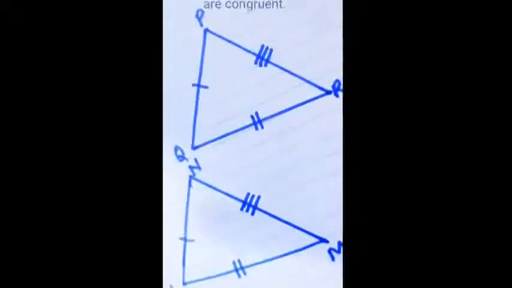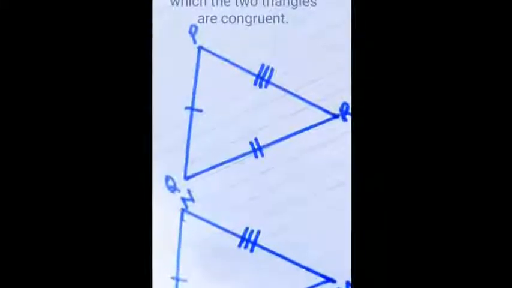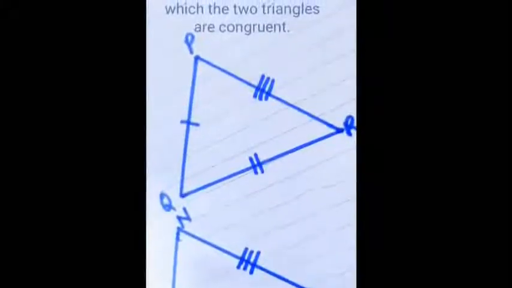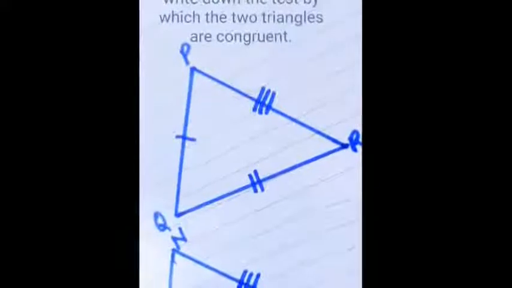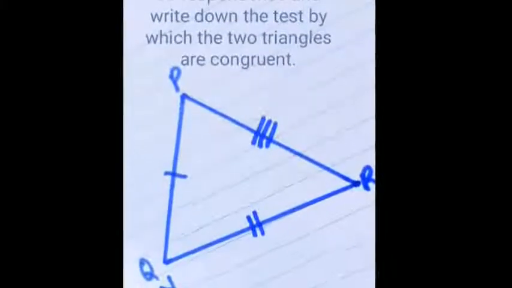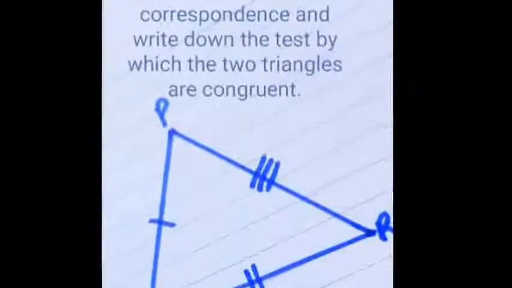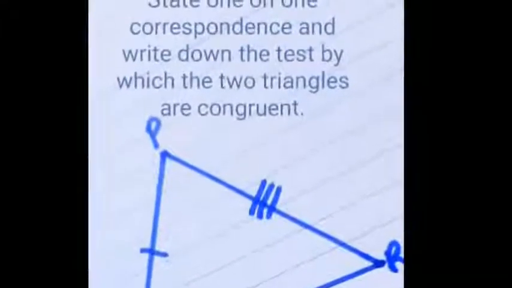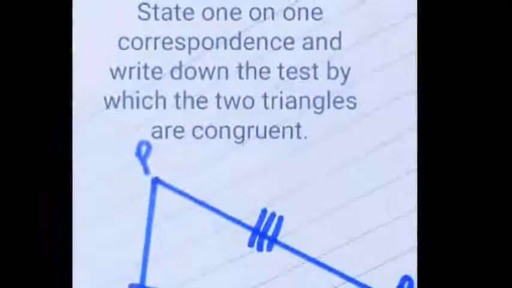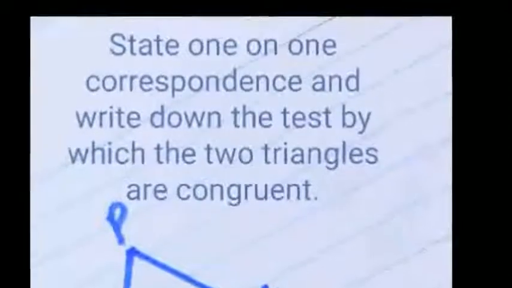Now in this question again we have to see the correspondence, and as we could see, LN equals PQ, NM equals PR and LM equals QR. The corresponding 3 sides of one triangle are equal to the corresponding 3 sides of the other triangle. Therefore, these triangles are congruent by the SSS test.